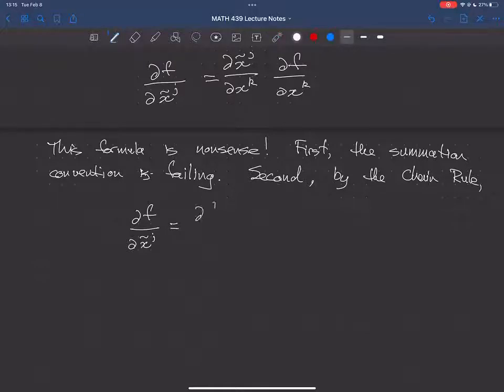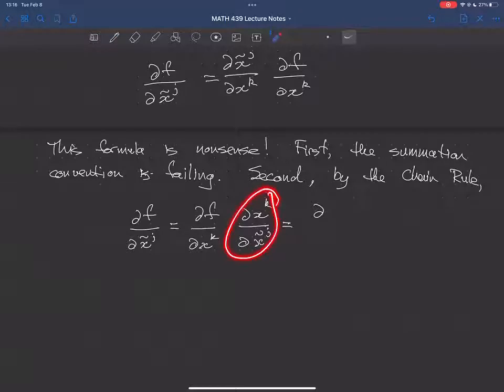So it's going to be df by dx k, dx k by dx tilde j. That's what the chain rule normally looks like. The way I often write these things is I'll put this coefficient in front, so I reverse the order of these things.